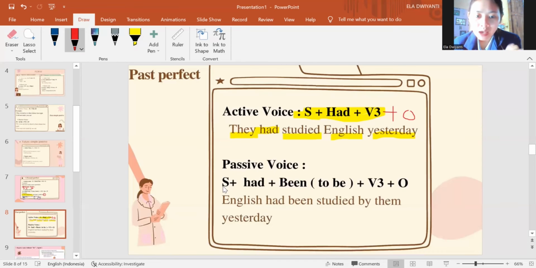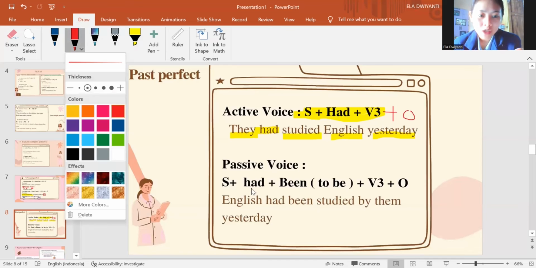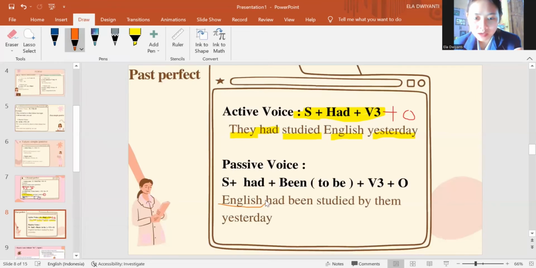Passive voice: English is the subject. In the active voice it would be the object, but in the passive voice it's the subject.